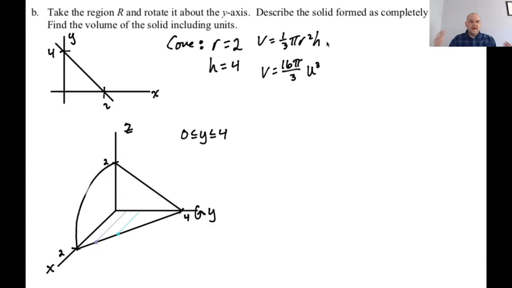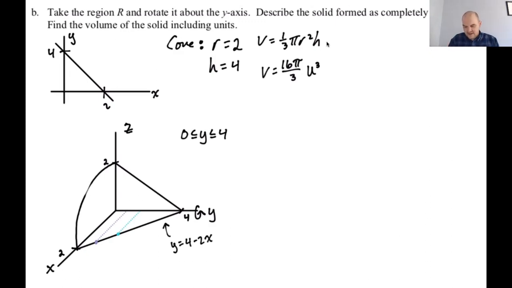So my proposition is, if this equation is y equals 4 minus 2x, that's, if I know x, it'll tell me y. But in this case, what I really want is to know what y is, figure out the radius, which is the x coordinate, and then rotate that.